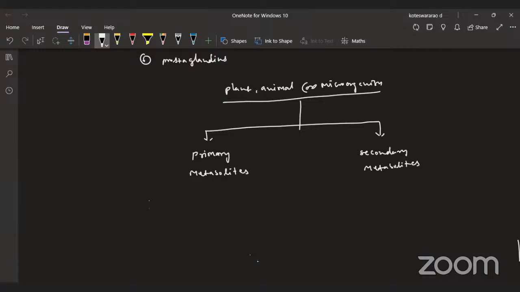Primary metabolites are the compounds which are essential for cell survival and function. A more vast definition is also there, but I don't want to go into that.